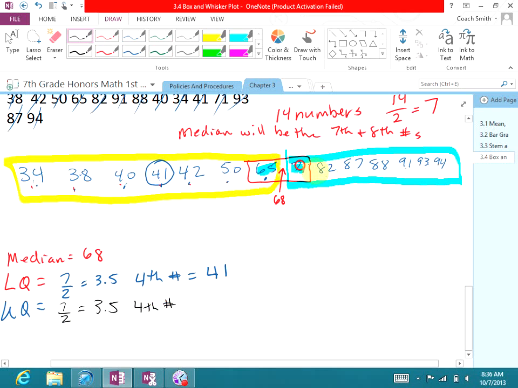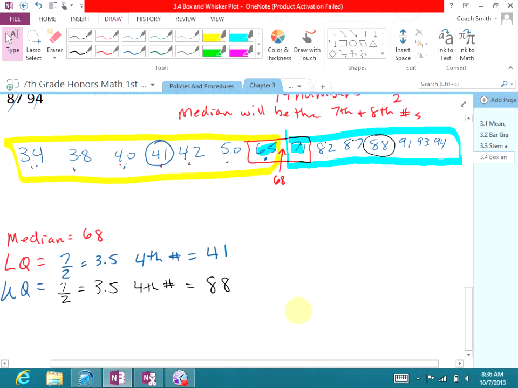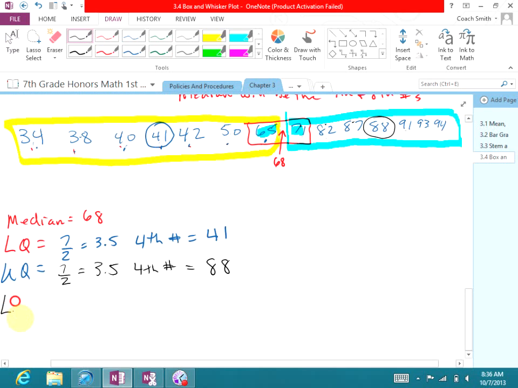So 1, 2, 3, 4. Okay? So the upper quartile is 88. The lower extreme, which is the lowest number, is 34. The upper extreme, which is the highest number, is 94.